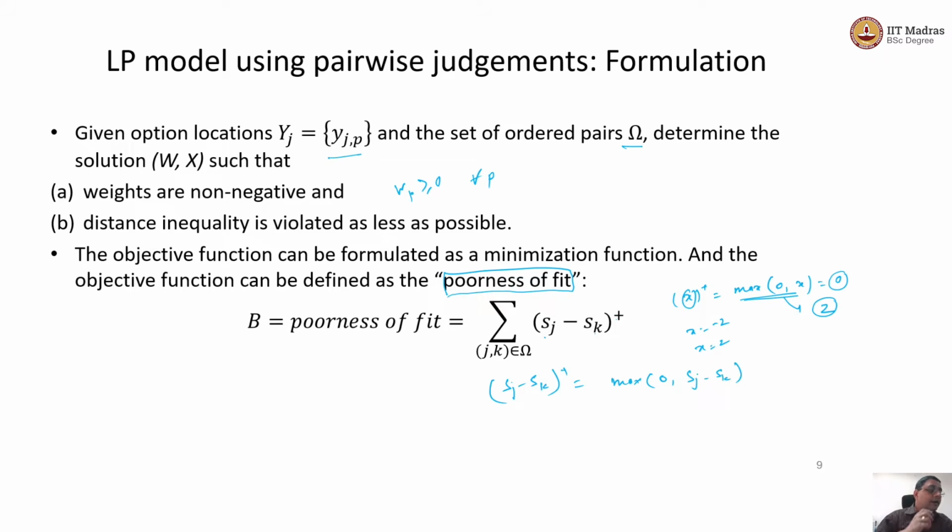Now what do we know? We know that the consumer prefers J over K, that is the ordered pair, which means we want Sj to be smaller, Sk to be bigger. Therefore, we want Sj minus Sk to be negative.